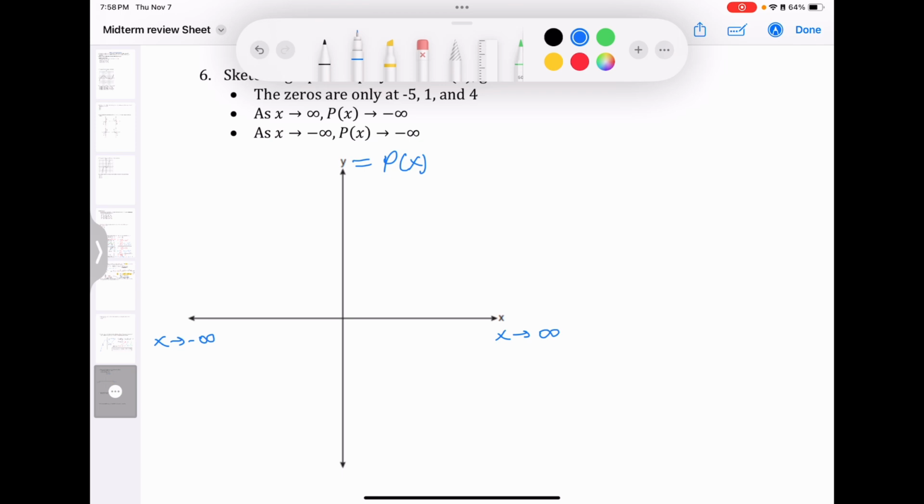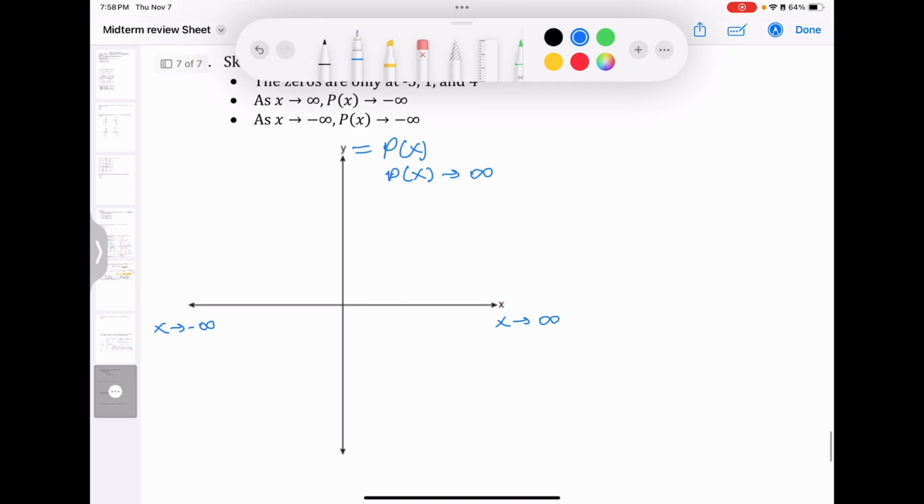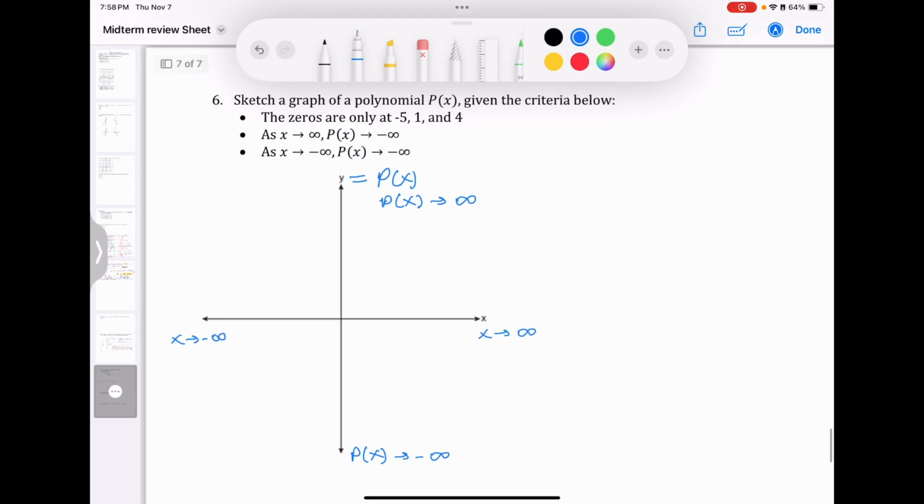Now, if you look up, p of x approaches positive infinity because it's going up forever and ever and ever. And then down here, p of x approaches -infinity. So you should label it just for the aesthetics for doing this question.